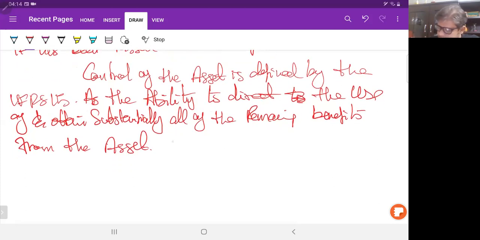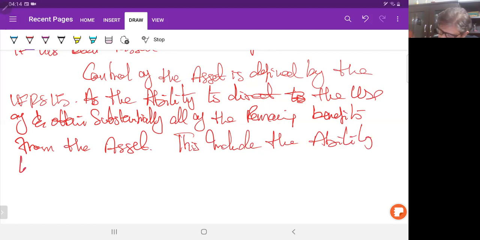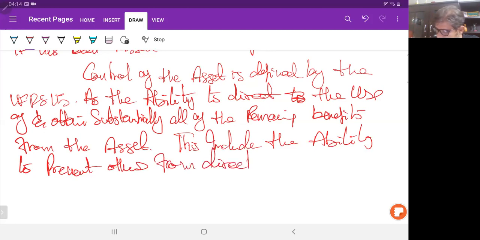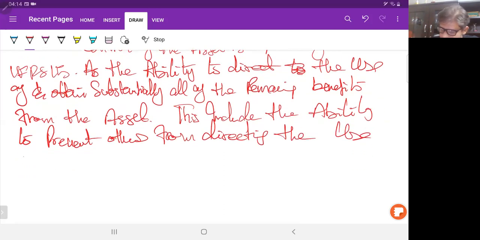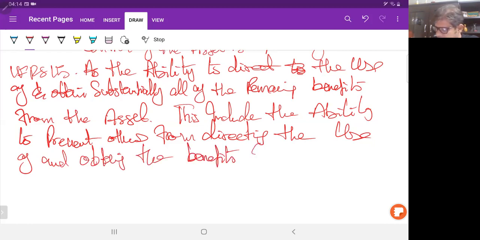This includes the ability to prevent others from directing the use of and obtaining the benefits from the asset.